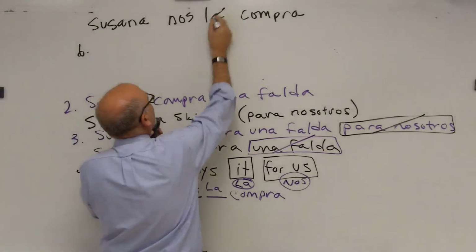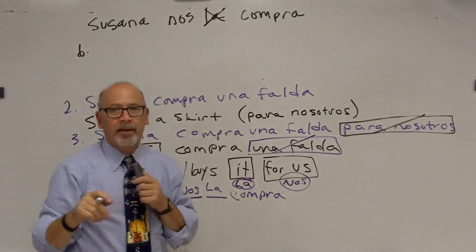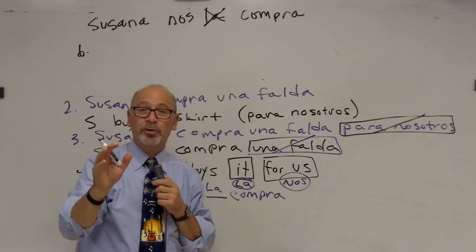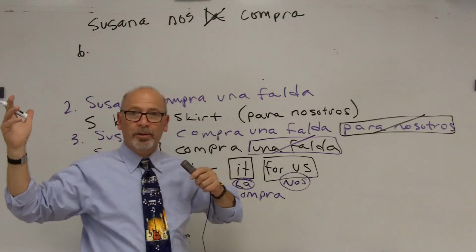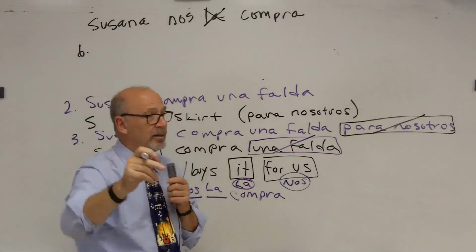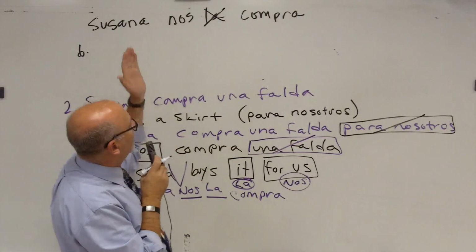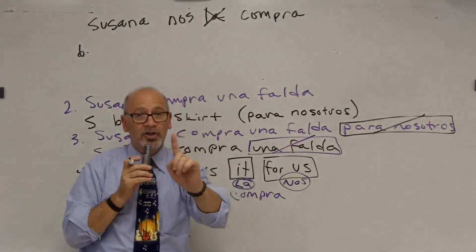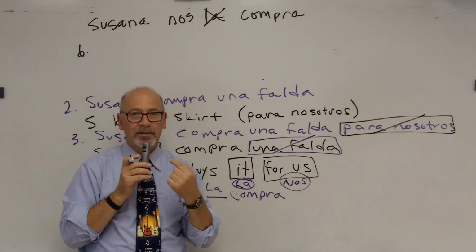So I don't want you to say it. Let's get rid of that. And the reason I'm having you do this is just so that you can prove to me that you understand that language is flexible. So go back and put another word in there and put it in the right place. So what you're going to say is Susana buys a skirt for us.